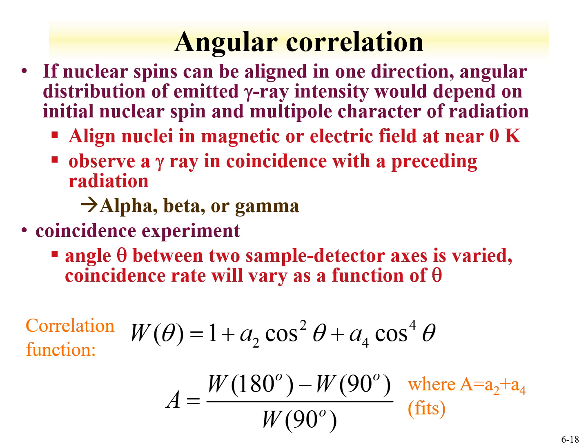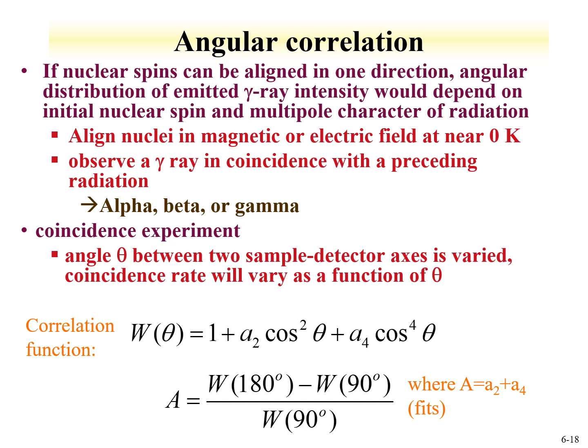You can observe the gamma ray in coincidence with the preceding radiation, either an alpha, beta, or even another gamma. Think about the gamma cascades that you could observe from europium-152. And there should be an equation that describes the correlation. Its correlation function is listed here.